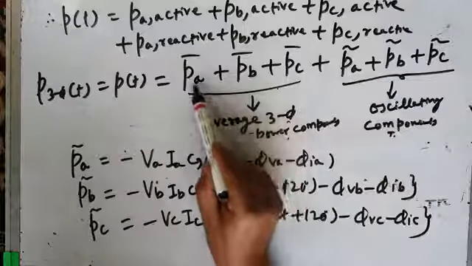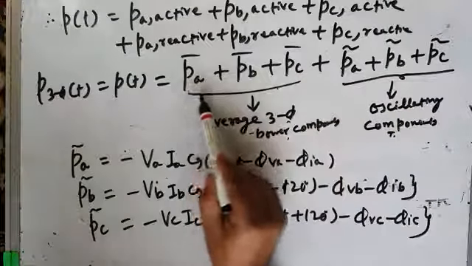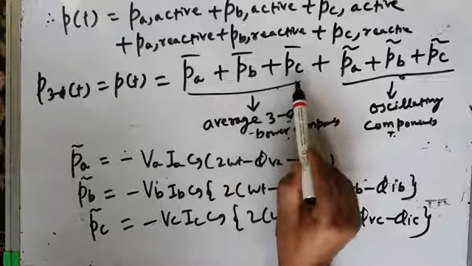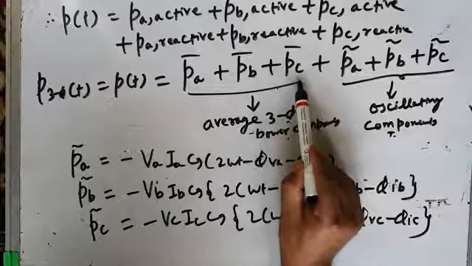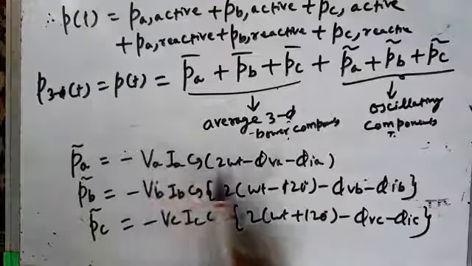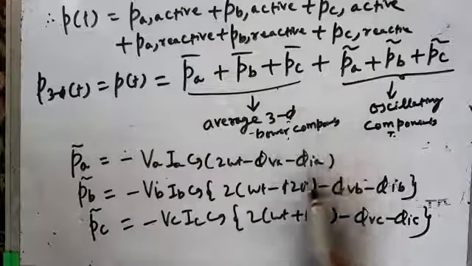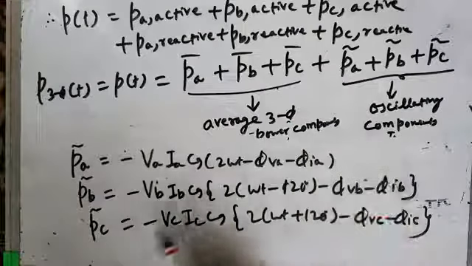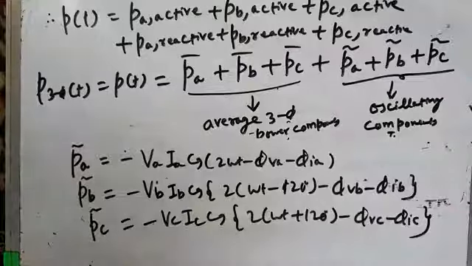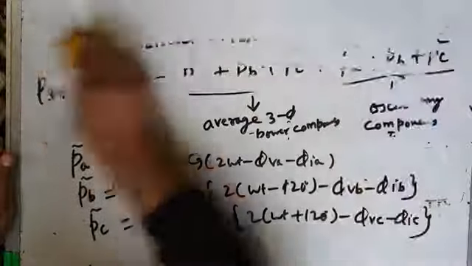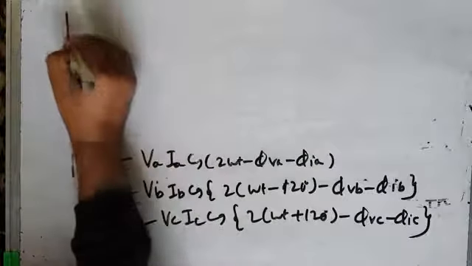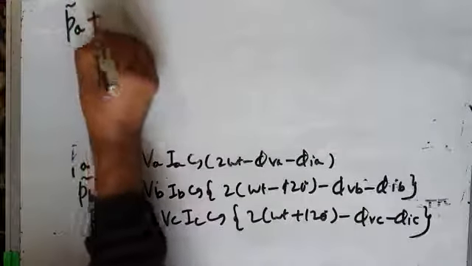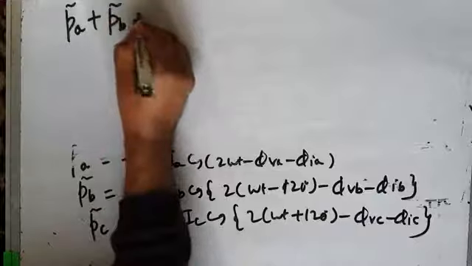Average terms are PA, PB, PC, which is VAIA cos phi A plus VBIB cos phi B plus VCIC cos phi C. And what are the oscillating terms? Oscillating terms from that equation: this is PA, this is PB, this is PC. Now, if you add these oscillating terms, let us see whether they add up to 0 or not. The sum of oscillating terms PA plus PB plus PC. What is your PA term?